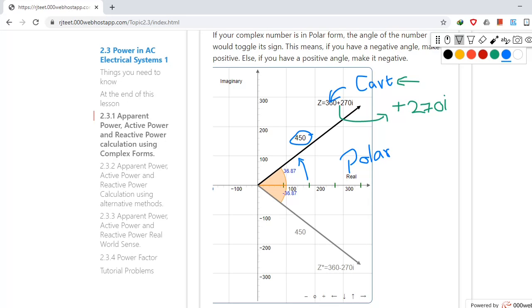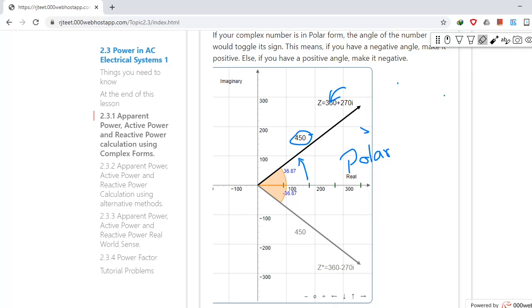You would get negative 270i. So the conjugate would therefore be 360 minus 270i, right? So it's really easy.